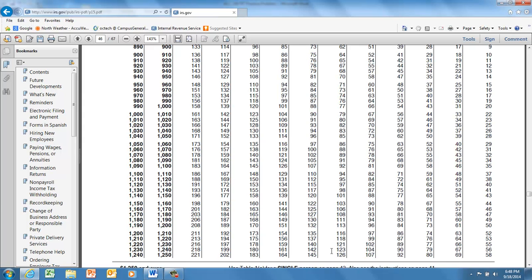Here we have 2 lines which have 1,040: the line which has 1,030 to 1,040, or the 1,040 to 1,050 line.